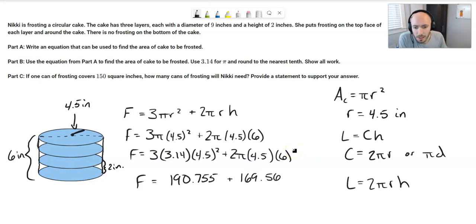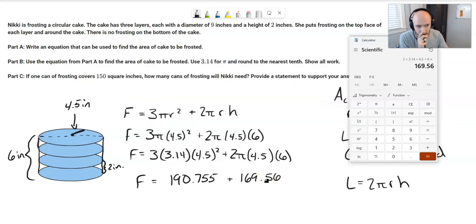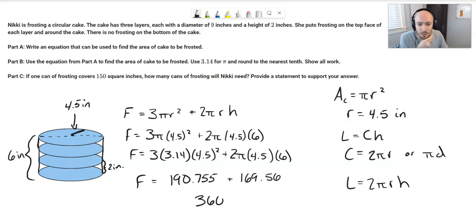And so the area of my circular bases comes out to be 190.755 square inches, and my lateral area comes out to be 169.56. Then all we have to do from here is add those together. 190.755 plus 169.56 gets me 360.315, and this is in square inches because we're measuring area.